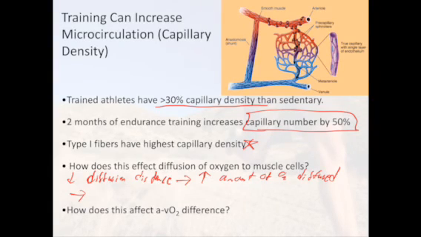Then, by increasing the amount of O2 diffused, we can use the oxidative system more.